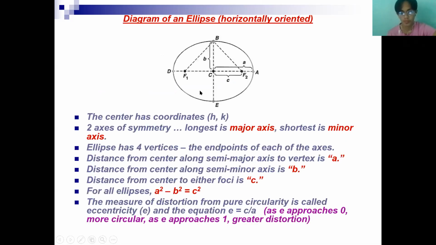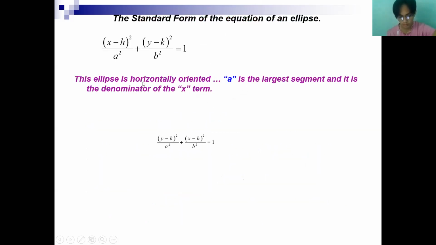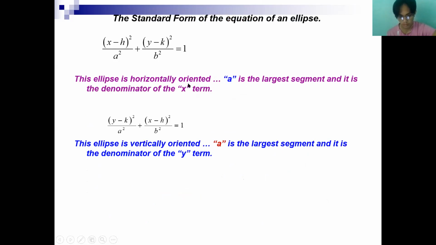As we look at the previous text here, A is plotted in the x-axis, being the longest of the three values A, B, and C. Thus, your graph is a horizontal graph, or the ellipse is a horizontal ellipse. The ellipse is horizontally oriented. However, if the A is the denominator of your variable y, the A will be graphed in your y-axis. The vertices will be located in the y-axis. Thus, your ellipse is vertical.